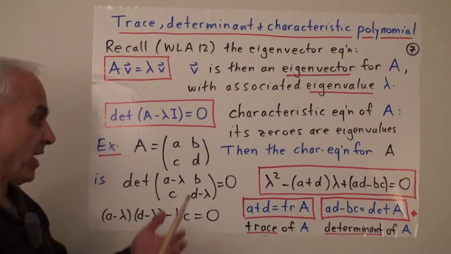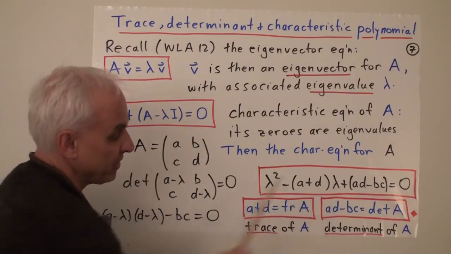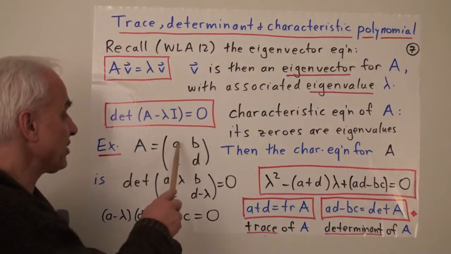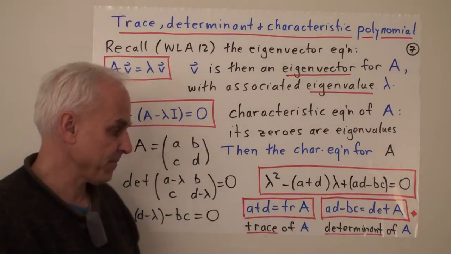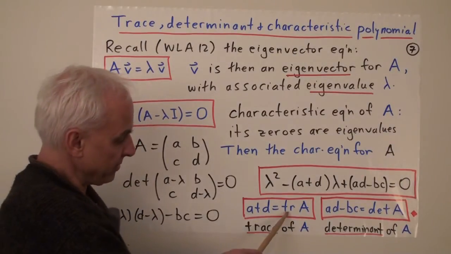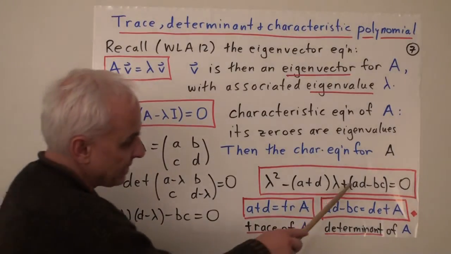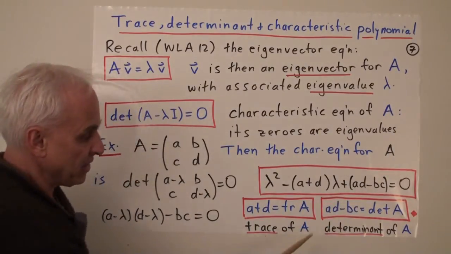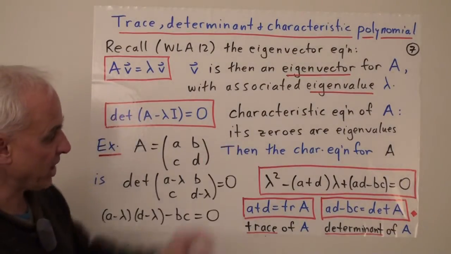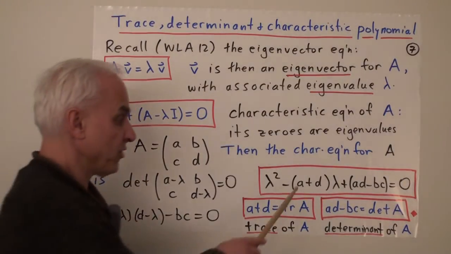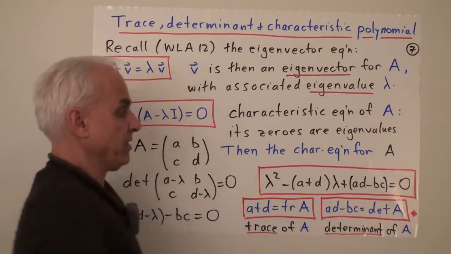And once you've seen it, you can write down the characteristic equation immediately. The coefficient here of the lambda is minus the trace. a plus d is called the trace of A, denoted by tr, an abbreviation. And this quantity ad minus bc we recognize as being the determinant of A. All right, so the characteristic equation notably involves the trace, actually with a minus sign there, and the determinant.